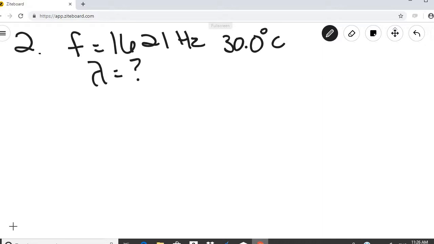Okay, so we know that frequency is equal to velocity divided by wavelength. Where we have the frequency, we're asked to find wavelength, so we need to find velocity. So again, using that same formula.